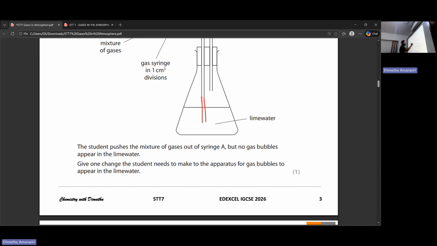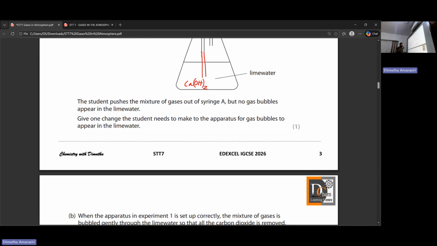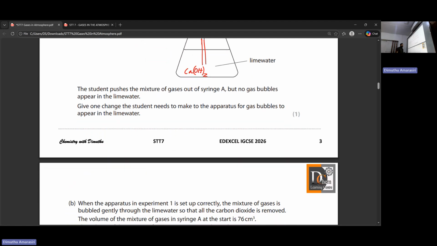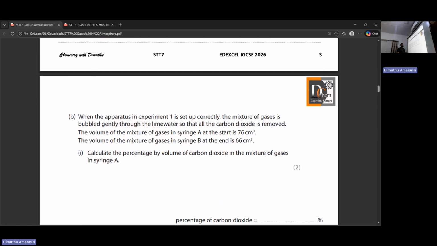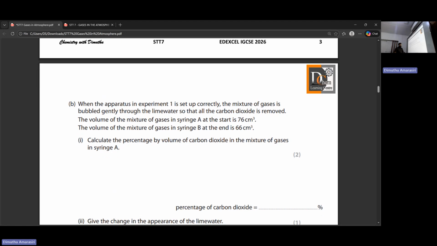Lime water, which you just learned today, is calcium hydroxide waiting to absorb carbon dioxide. When the apparatus in experiment 1 is set up correctly, the mixture of gases is bubbled gently through lime water so that all the carbon dioxide is removed. The volume of the mixture of gases in syringe A is 76, and in syringe B it is 66. So the difference is the volume of carbon dioxide, because lime water absorbs the rest.